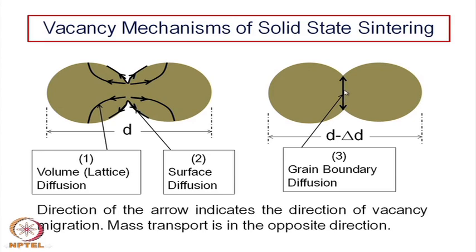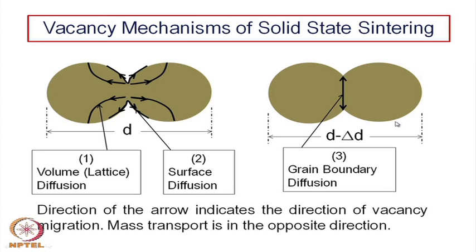So, ultimately it forms a neck in the form of a grain boundary, what we call a grain boundary region. This is one crystal, this is another crystal, and the boundary is basically a grain boundary. So, from the grain boundary region the vacancies are moving out towards the convex surfaces.